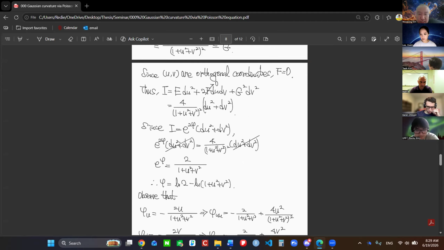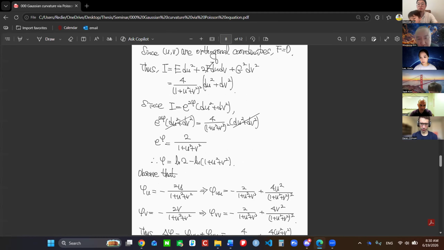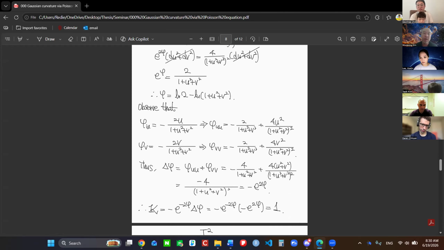So we can solve this system of equations. We're going to get this one. E to the phi is 2 over 1 plus u squared plus v squared. Therefore, the real-valued scalar function phi is equal to ln 2 minus ln of 1 plus u squared plus v squared, which is the natural logarithm. So observe the partial derivatives of phi, so the partial derivative of phi with respect to u.